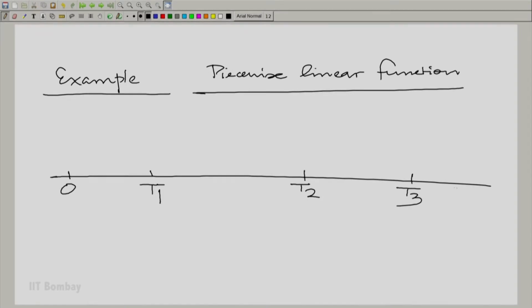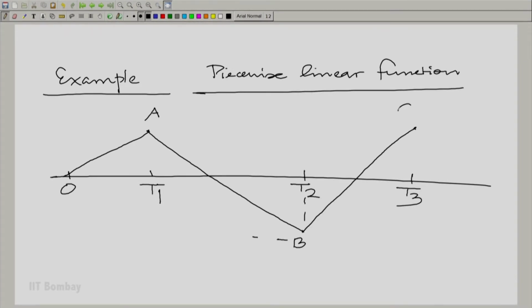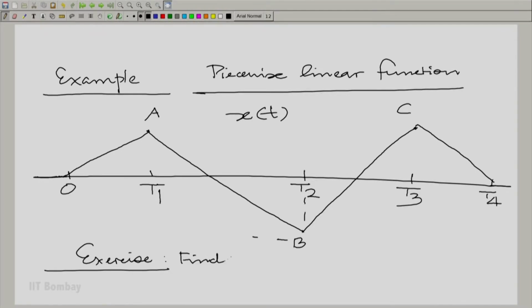Let us say it first rises to a height of a, and then it falls to a value of minus b here, and then rises to c, and maybe at T4 it falls to 0. And it is 0 everywhere else. So, this is the function xt, a piecewise linear function.